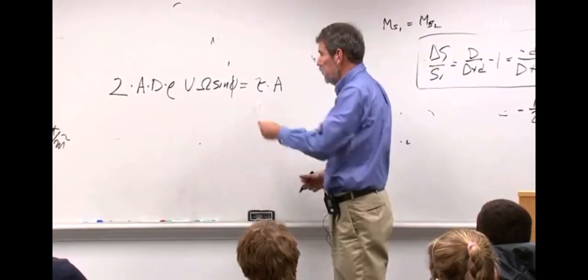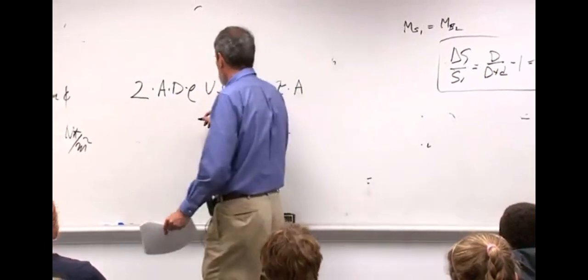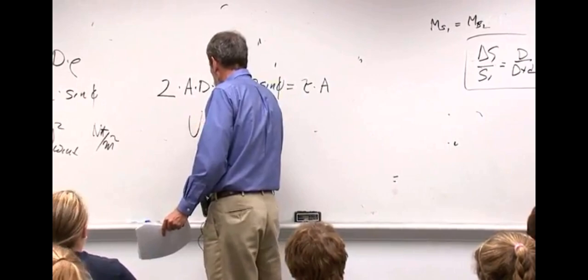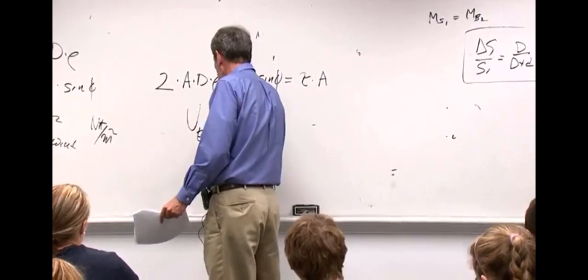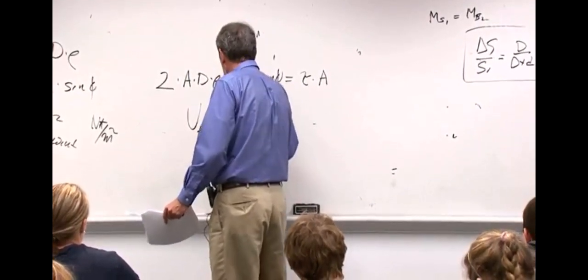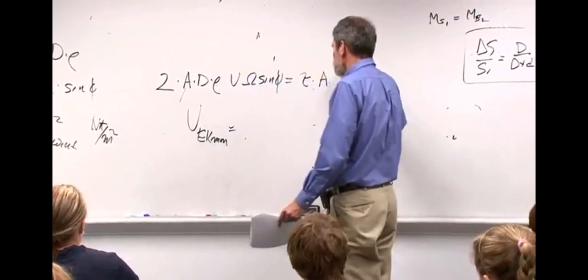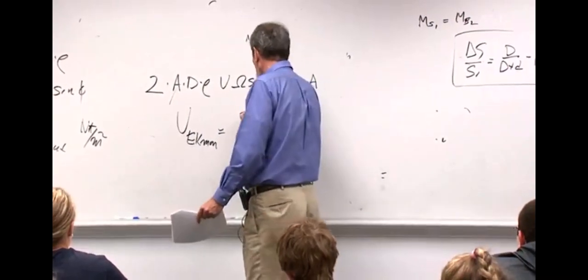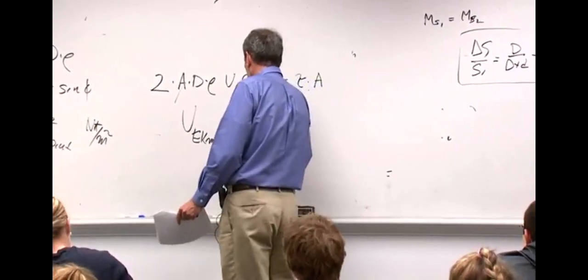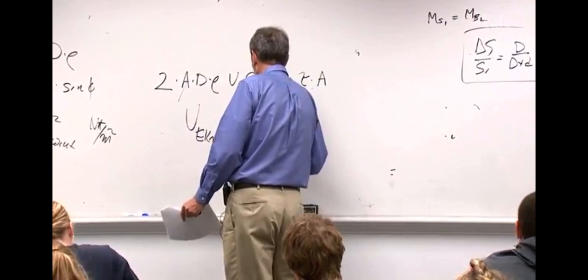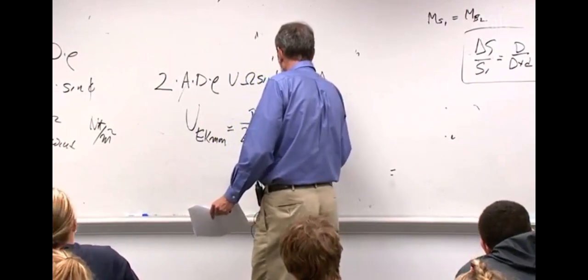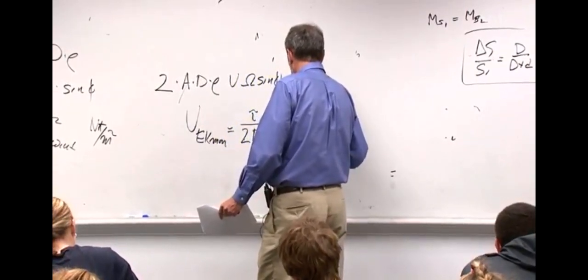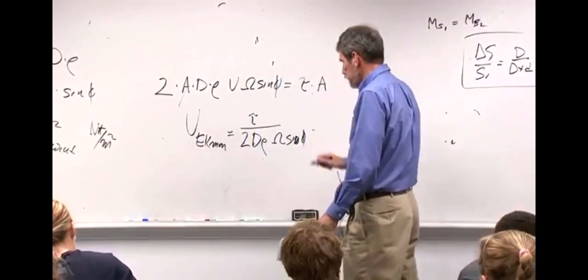So I've got newtons on both sides. And then solving this for the speed of the flow in the Ekman layer, I can cancel the A's, and I have u equals tau over 2 d rho omega sine phi, sine of the latitude.